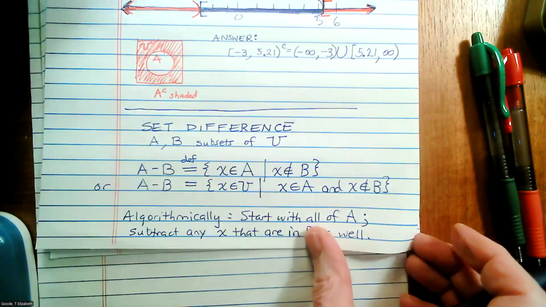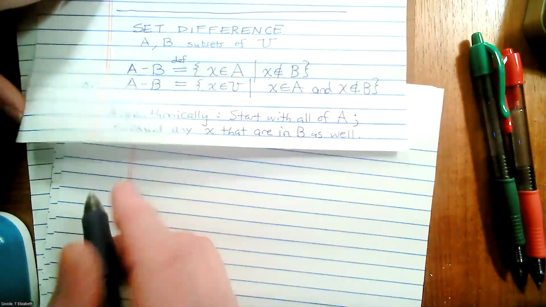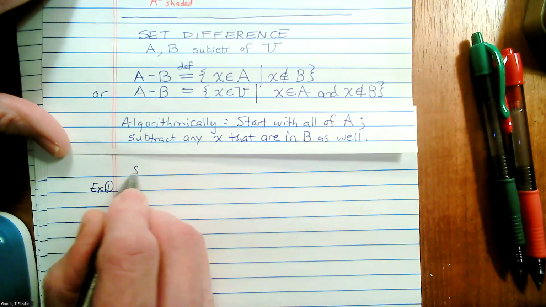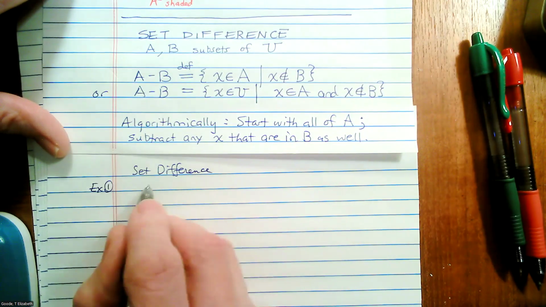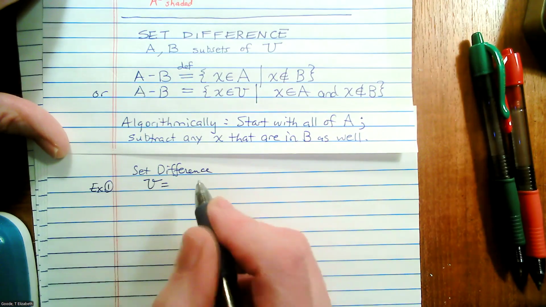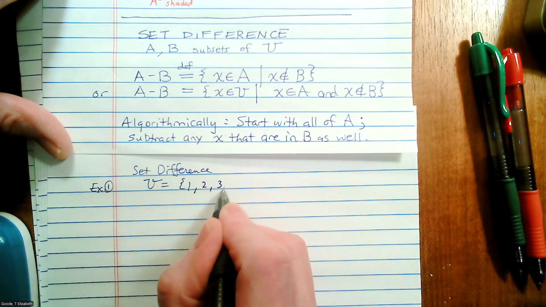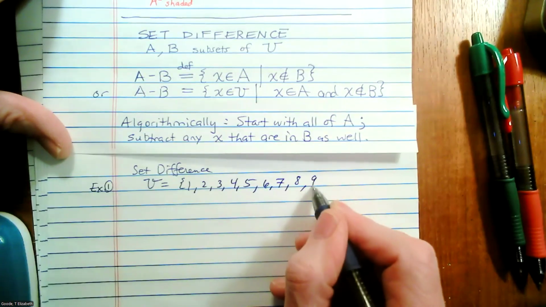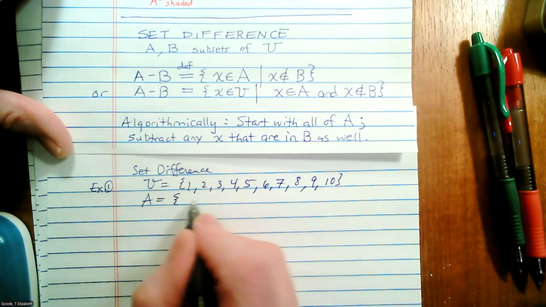So if we just look at a little finite example about set difference, if the universe is 1, 2, 3, 4, 5, 6, 7, 8, 9, 10, and A is the evens, or maybe the odds.